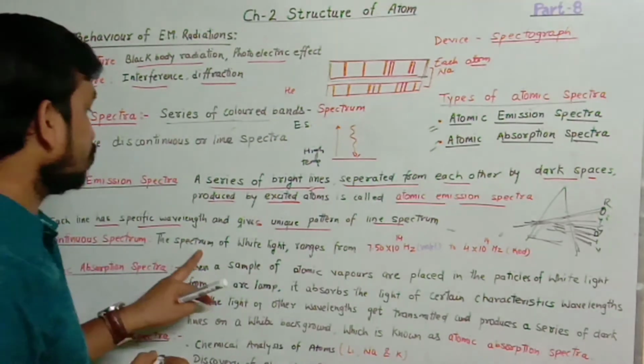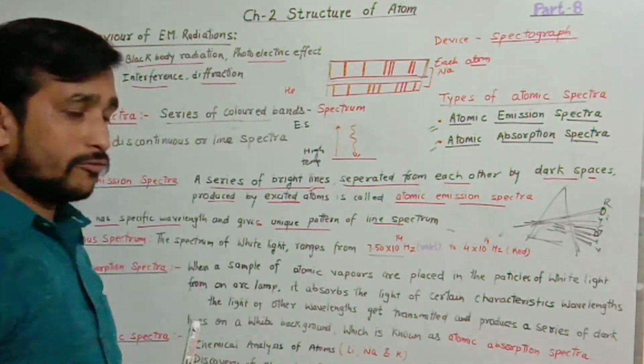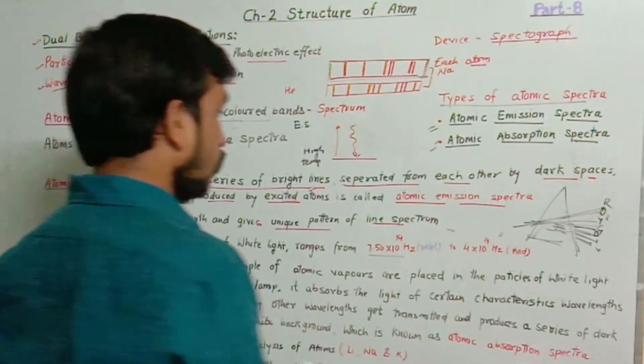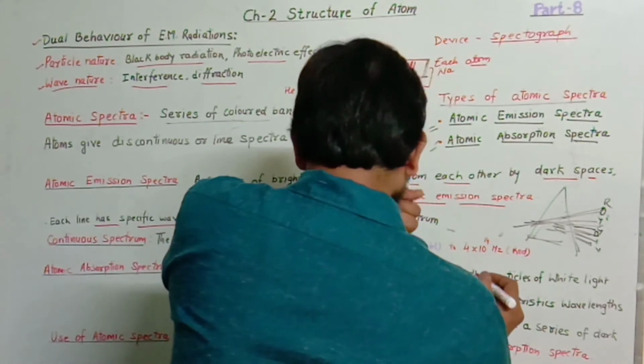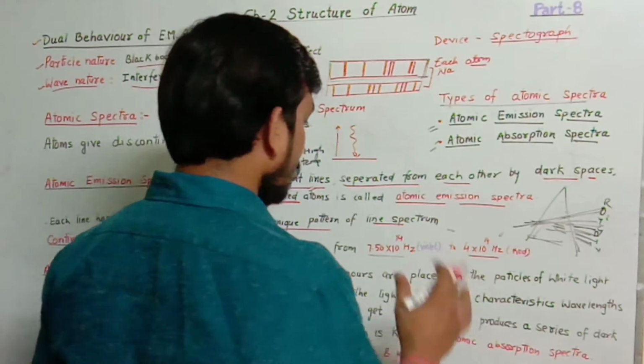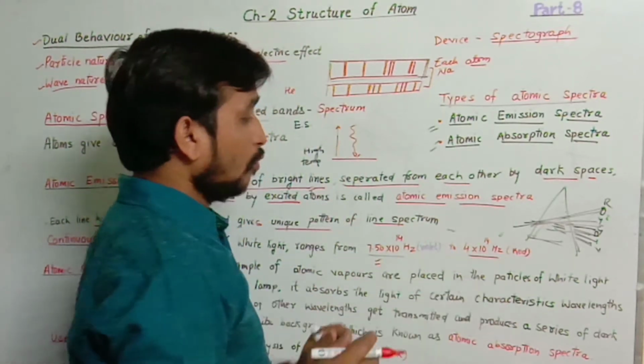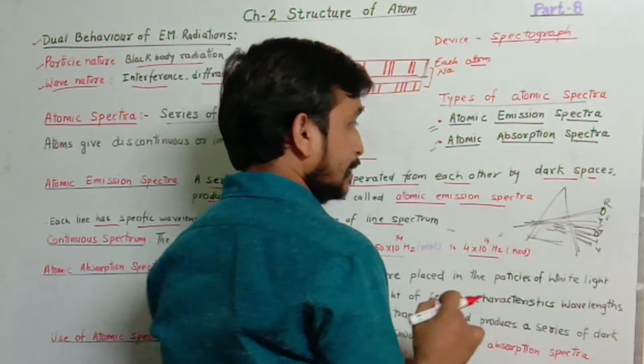In the continuous spectrum, the spectrum of white light ranges from 7.50 into 10 to the power 14 hertz to 4 into 10 to the power 14 hertz, that is, to the red color. This means violet is a very high frequency and red is a very low frequency.